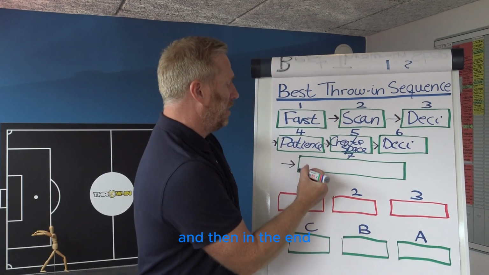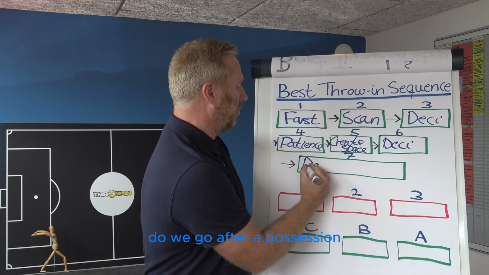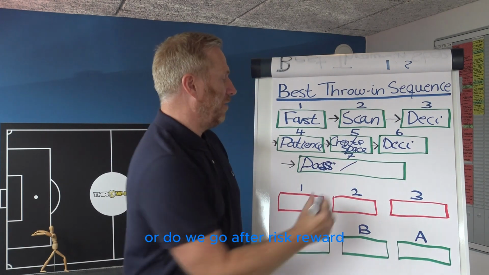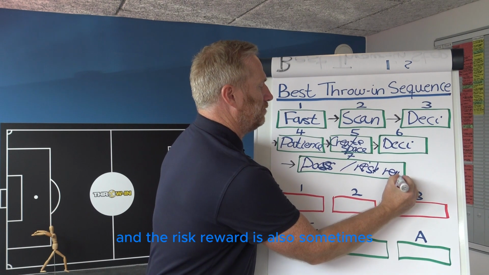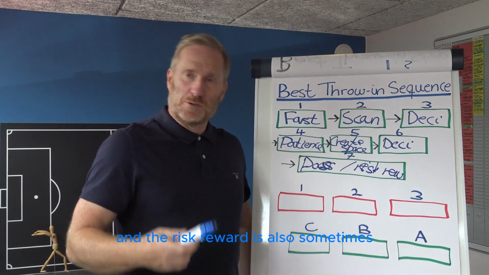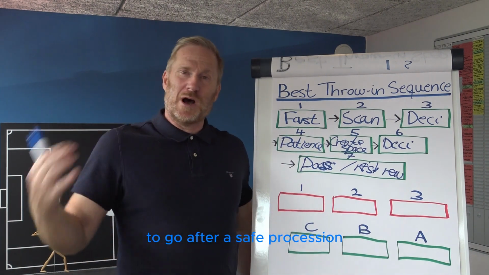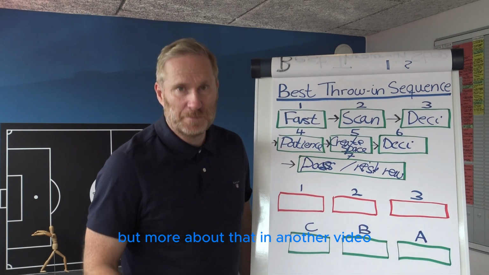And then in the end, you have to look at, in this decision, do we go after a possession, or do we go after risk reward? And the risk reward is also sometimes a really good thing. It's not always the best thing to go after a safe possession, but more about that in another video.